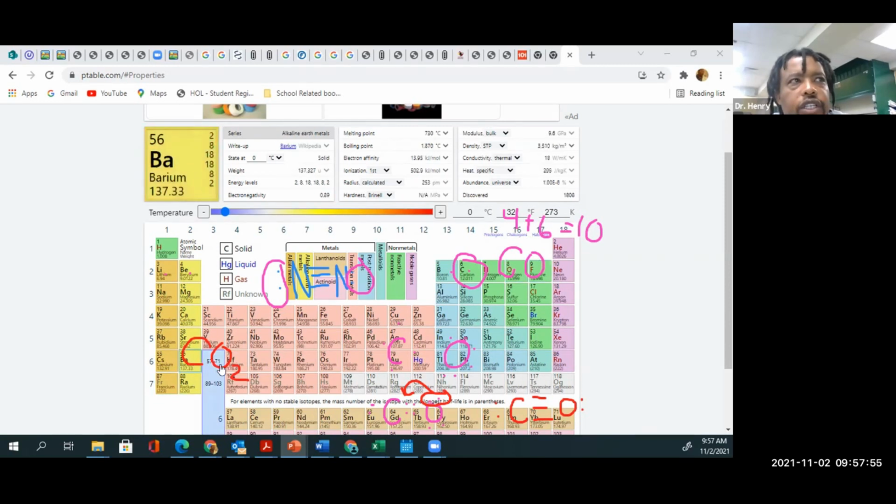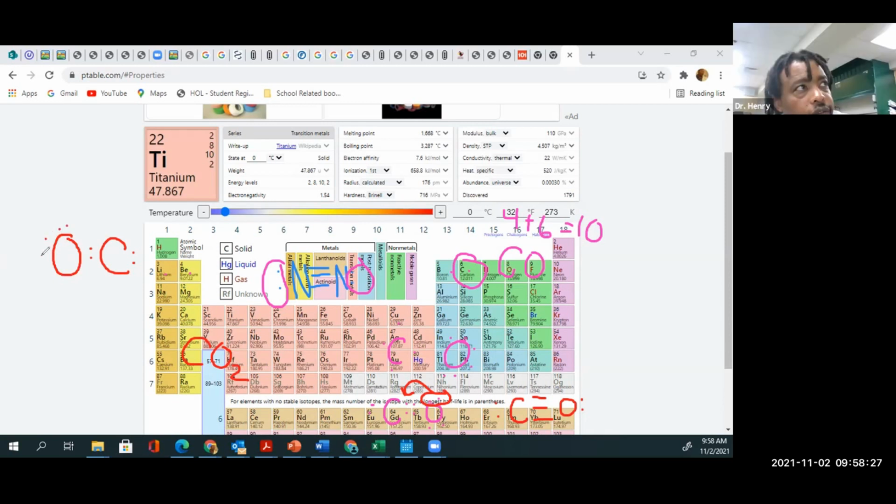Okay, so if we take a look here, we have one carbon, two oxygens. So we're going to put carbon in the center. Carbon has 1, 2, 3, 4 valence electrons. Oxygen has how many? 6.